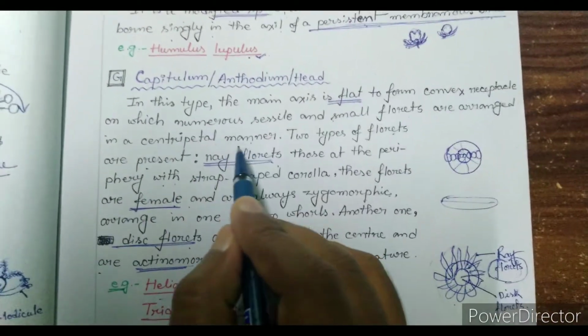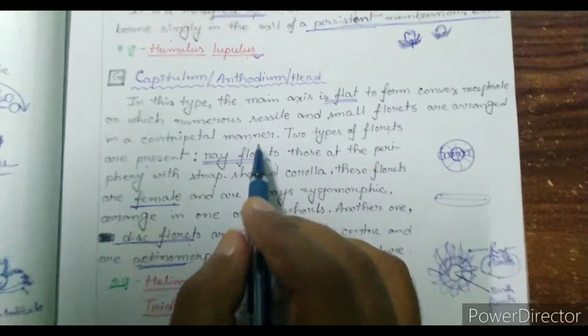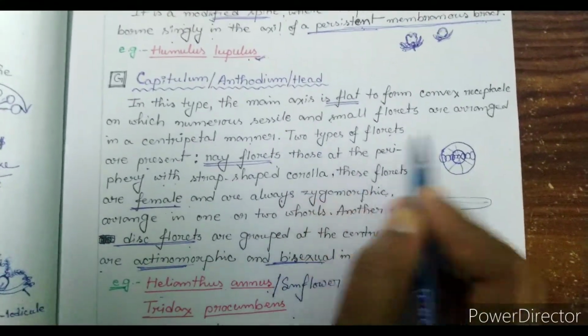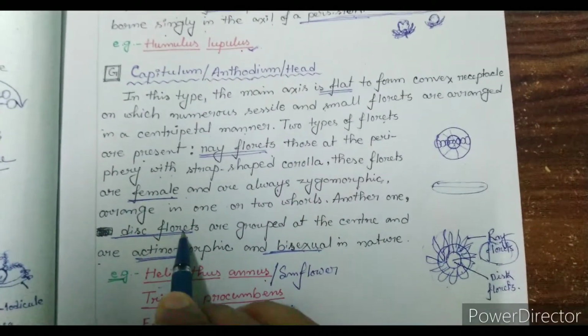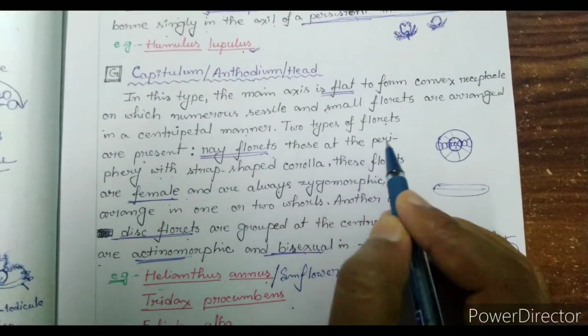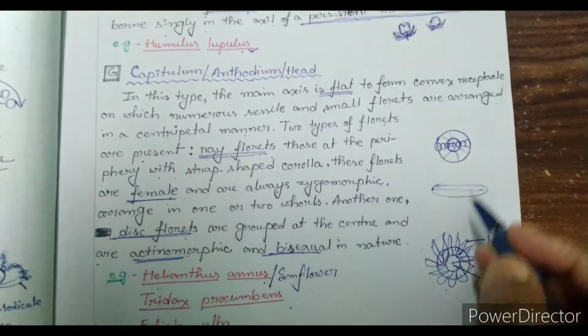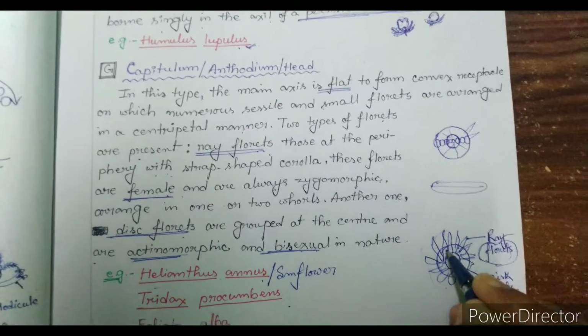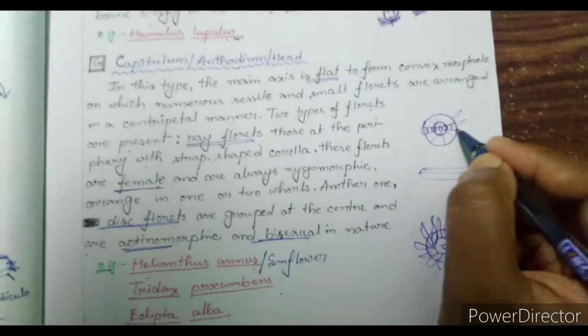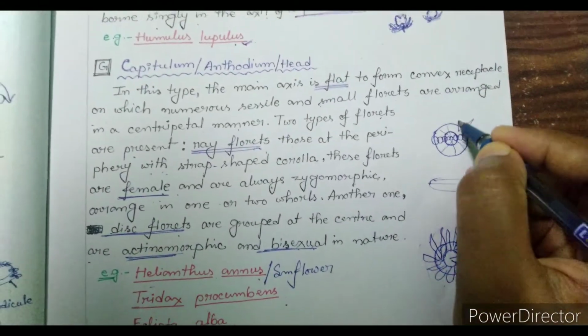We know what centripetal manner is, so I won't discuss it again. Two types of florets are present: ray florets and disc florets. Ray florets are present at the periphery, in two rows.